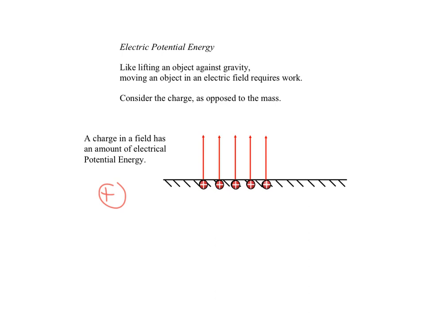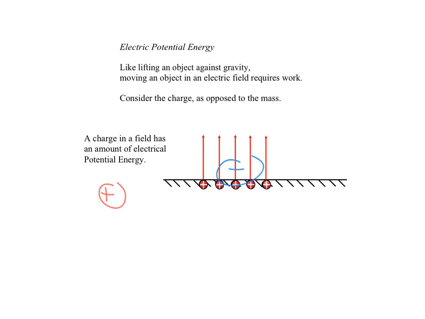What if we consider the other type of charge? If we replace the positive charge with a negative charge, the negative charge would naturally be attracted towards this positive charge. Remember, all we're really doing here is reinterpreting the idea that opposite charges attract and like charges repel. So with the negative charge, if I just put it here, it would be attracted towards the positive.